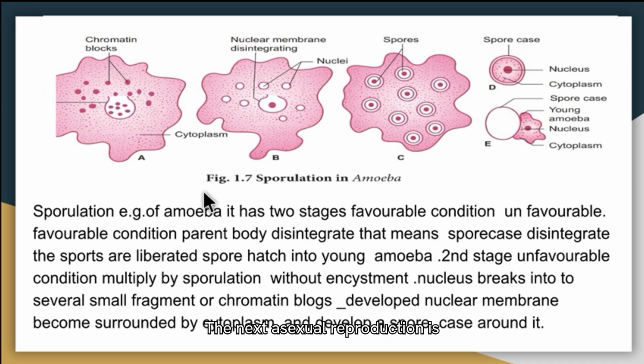The next asexual reproduction is sporulation. Page number 4. Example, Amoeba. The amoeba has two conditions, favorable and unfavorable.